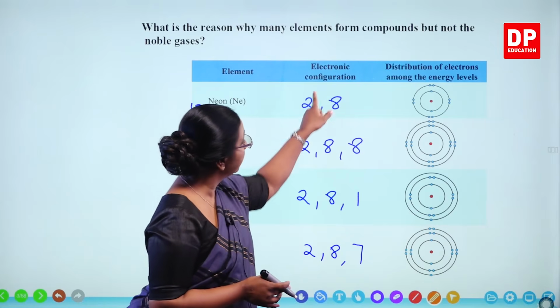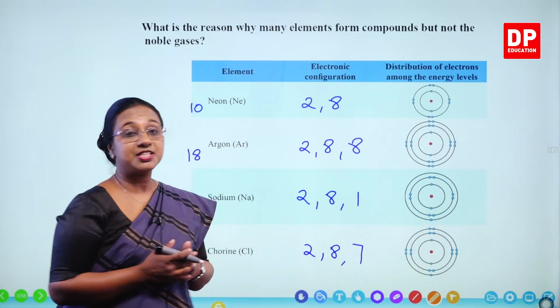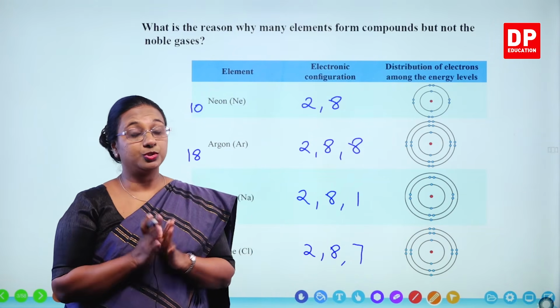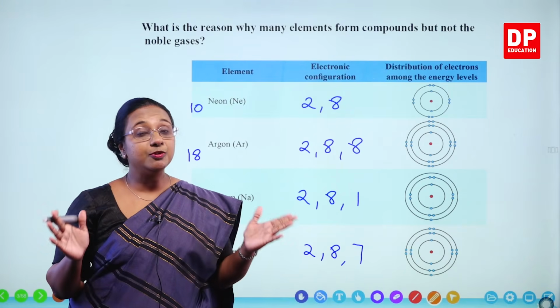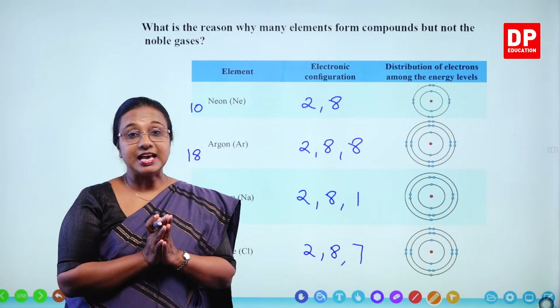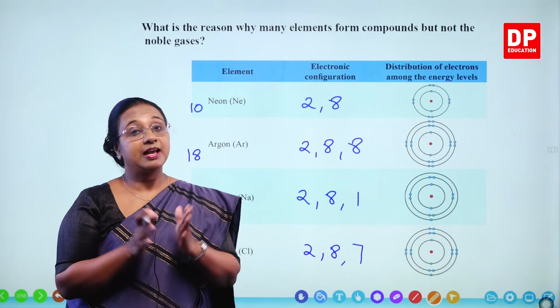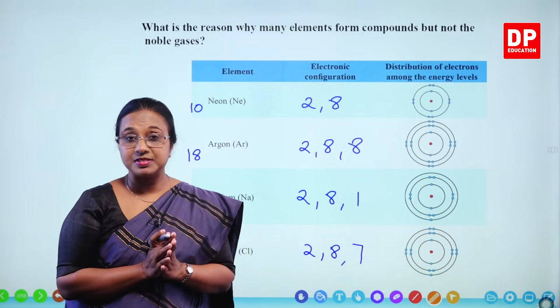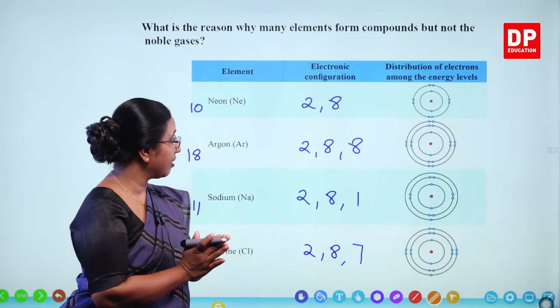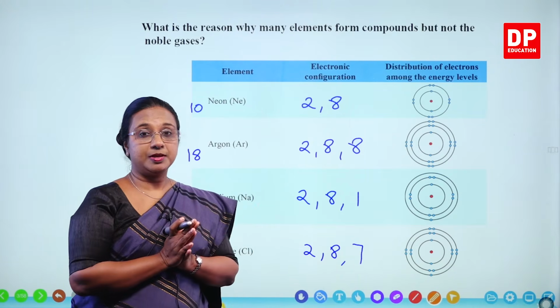Now consider the first two elements, neon and argon. From the number of electrons in the last shell, you know they belong to group 8. So already I told you they are noble gases. They don't form bonds. They exist as monoatomic gases, gases that are formed by just single atoms that do not form compounds. How is that possible?